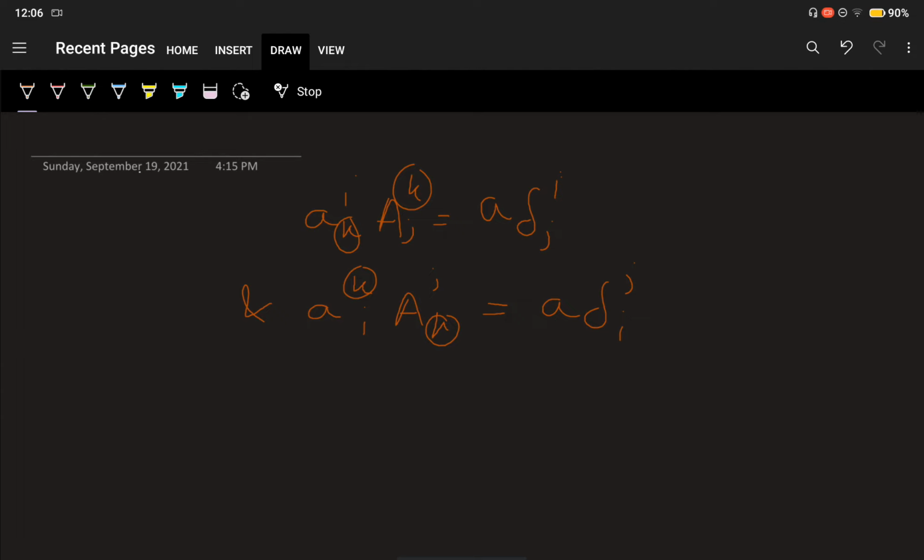Now the determinant of the n square cofactors, this is the n.